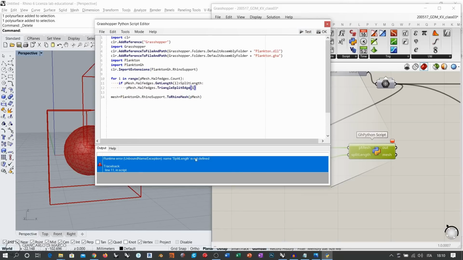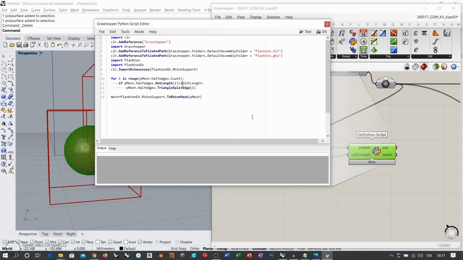Test. Split length is not defined. Also, we must use, where did I use split length? Because as this one, I also used a non-capital S. So I think that's the only moment we have split length available inside this definition. Yeah, that's it. Okay, so it's working.